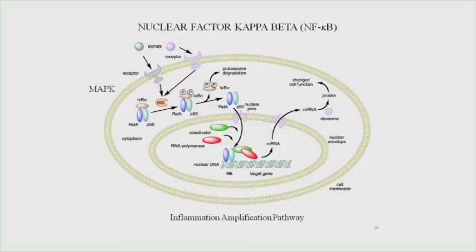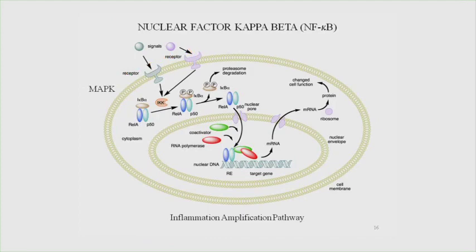Now, nuclear factor kappa beta, we've touched upon this as a Th1 mediator. Nuclear factor kappa beta, present in our immune system cells, is an amplifier of inflammation. We have a number of threat receptors on the cell membrane of our immune cells, such as the toll-like receptor.